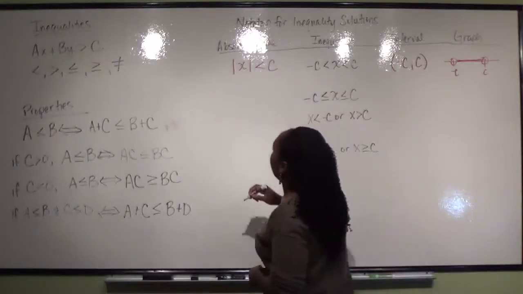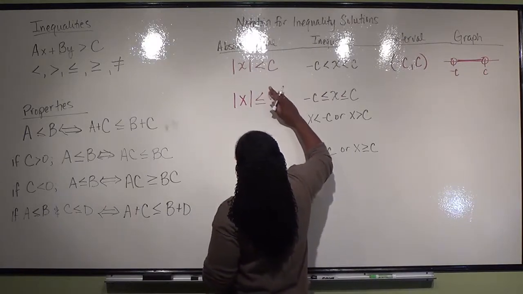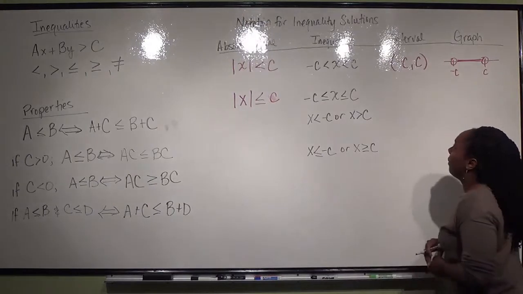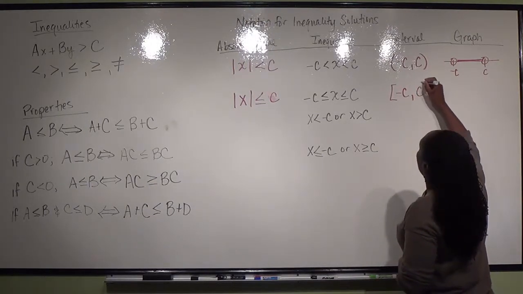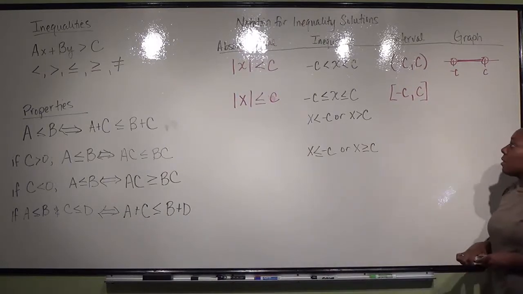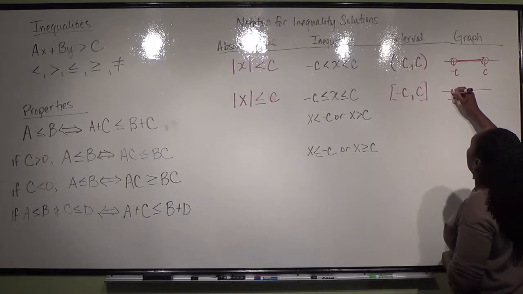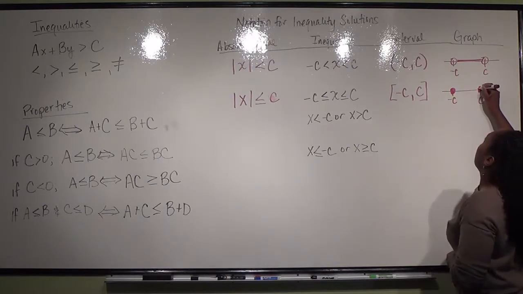The only difference is now we're including the solutions. So here we'll get the equality. Same thing, when we come down here, that just means I'm now going to have brackets instead of parentheses. And on the graph, it just means I'm looking at closed circles instead of open circles.